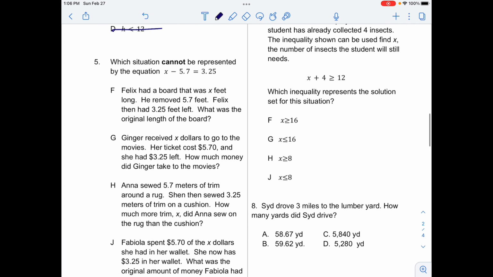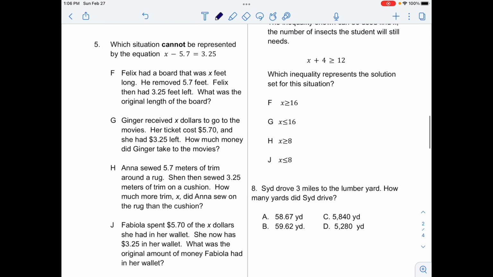All right, number 5. Which situation cannot be represented by the equation x minus 5 7/10 equals 3 25/100? Okay, so we're looking for the one that cannot. All right, F. Felix had a board that was x feet long.